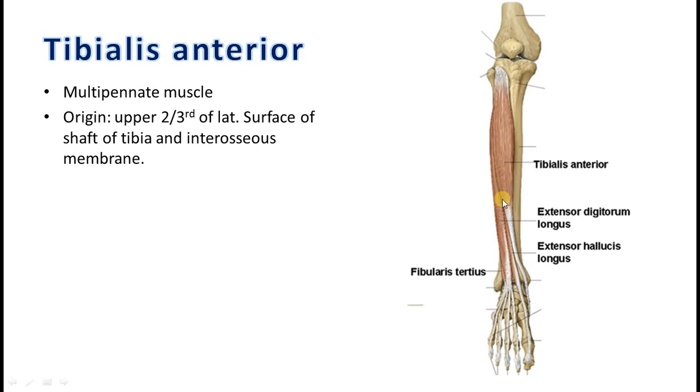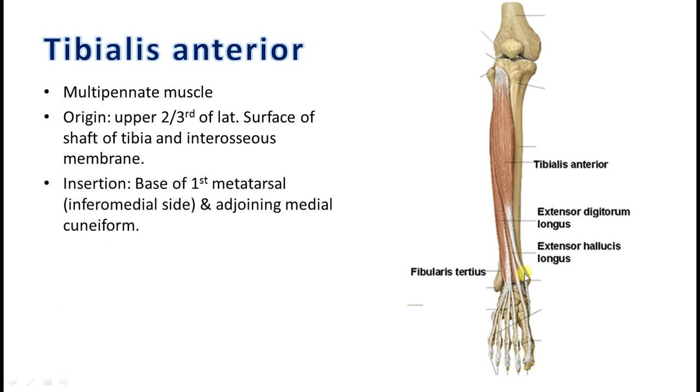The tendon passes downwards, and at the lower end of the tibia it crosses medially, and it is inserted into the base of the first metatarsal bone. So this is your first metatarsal bone, you are able to see here, inserting into the first metatarsal and also the medial cuneiform.